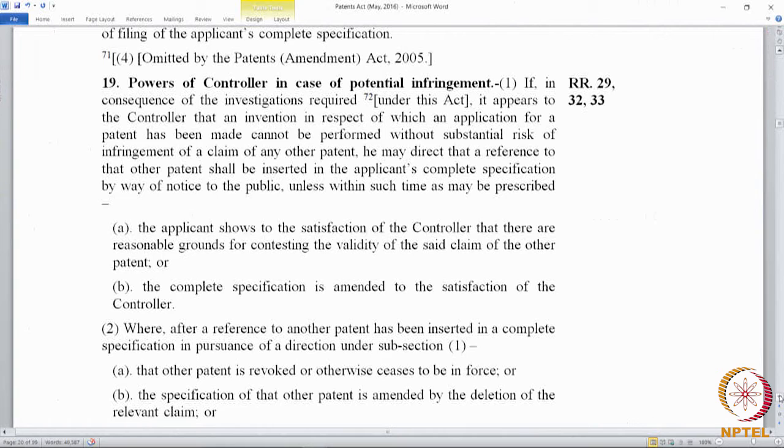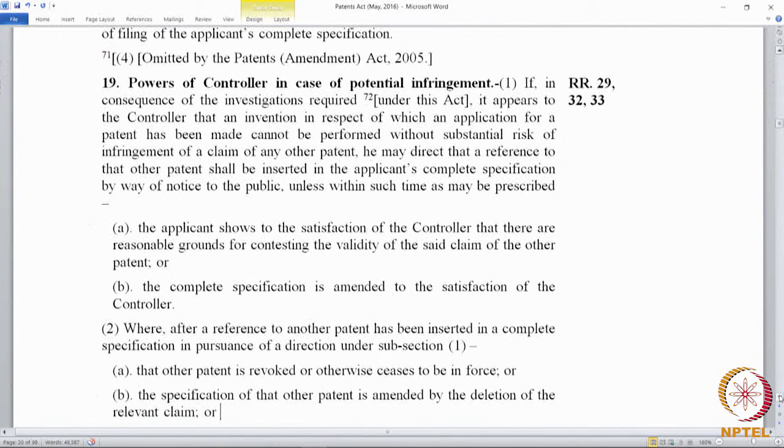So, you demonstrate to the controller, so no reference will be inserted, or you amend the specification to get over the objection. So, two things that the applicant can do. If the controller feels there is substantial risk of infringement of another patent and wants to add a reference in the form reference, you saw that in rule 33, they will mention the number of the patent.